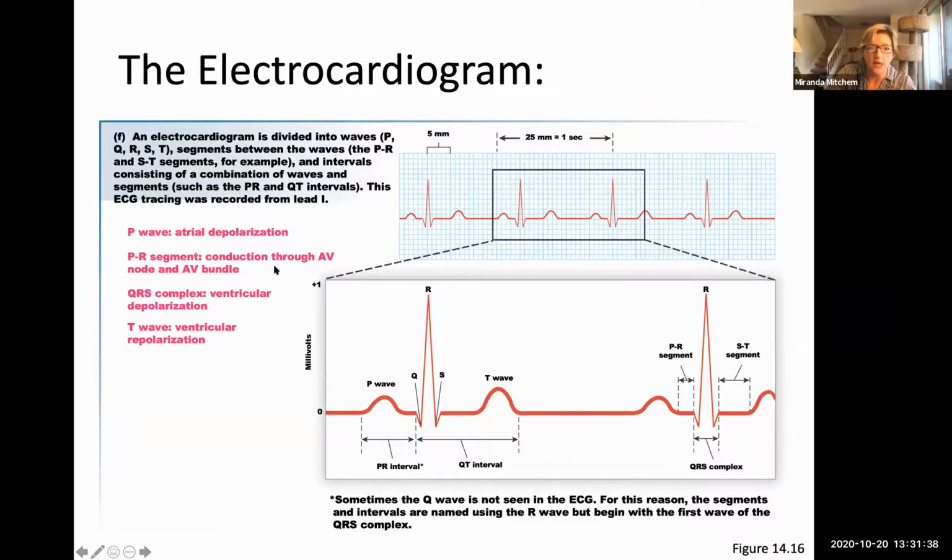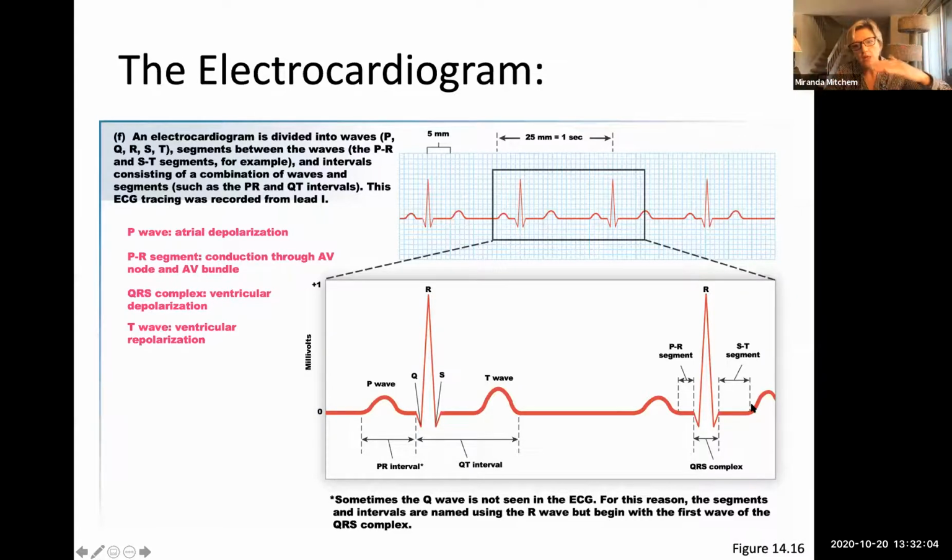So when we're looking at the PR segment, which is right over here, this allows us to determine if there are any issues with the conduction through the AV node and AV bundle. Whereas if we look at the ST segment, we're looking at repolarization of the ventricle.